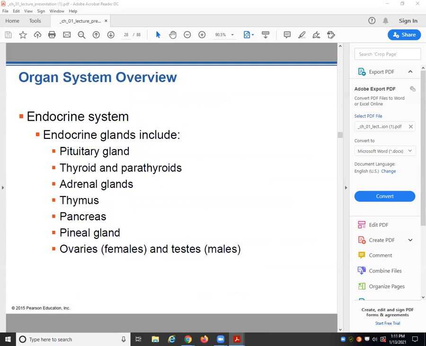We'll also cover the endocrine system, which includes the pituitary gland, the thyroid gland, as well as the parathyroid glands, the adrenal glands, the thymus, the pancreas, pineal glands, and the ovaries in females and testes in males.